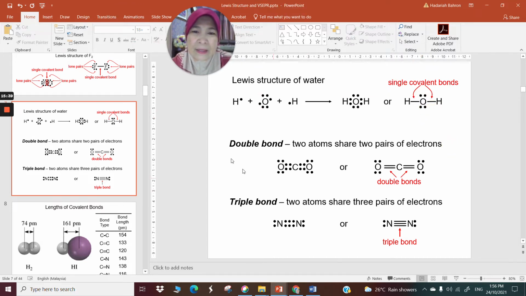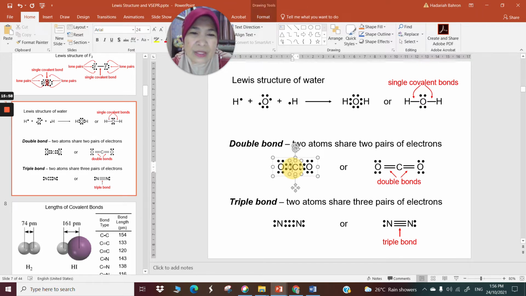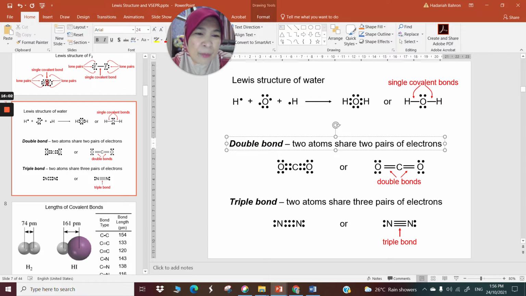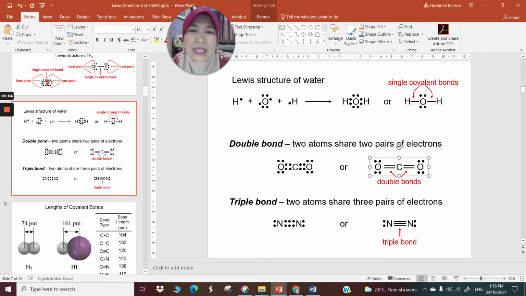Forming a single bond for water is enough to complete the octet. What about when we do not complete the octet by just formation of a single bond? So you need to do something else. One example which you see having a double bond to complete the octet is carbon dioxide.